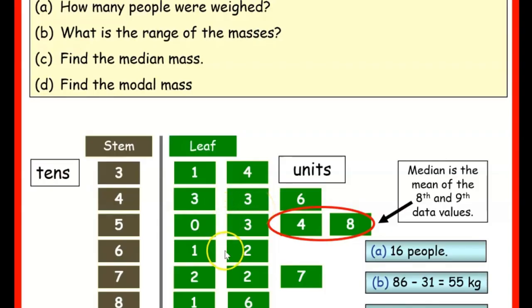So this is bimodal, because we have 72, 72, then we have 43, 43. So this particular data has 2 modes. That is 43 and 72.